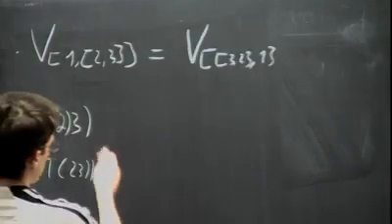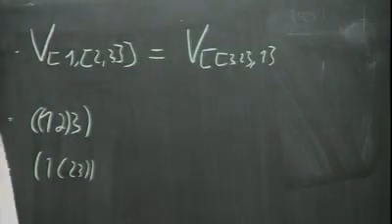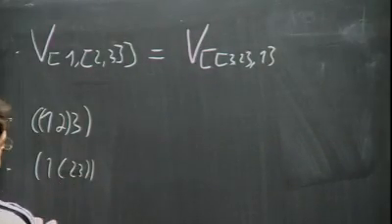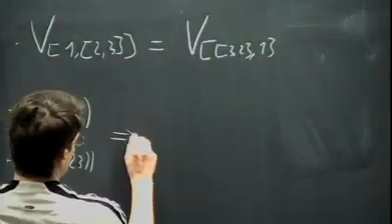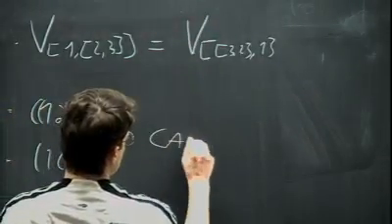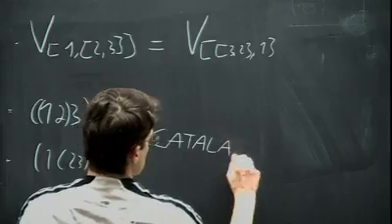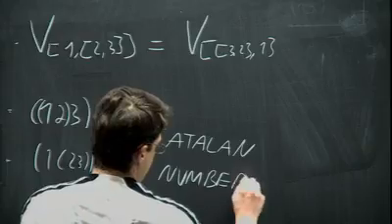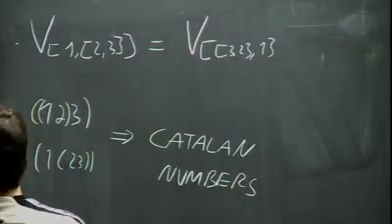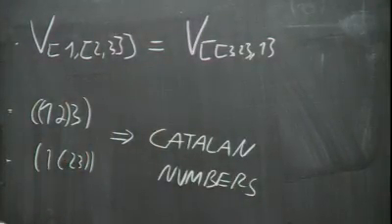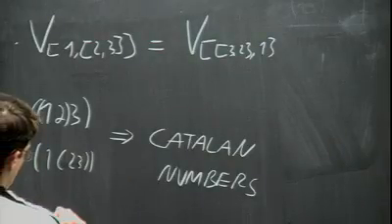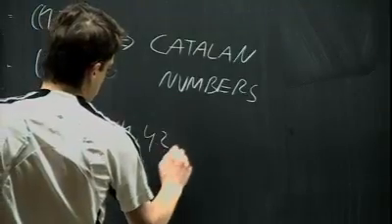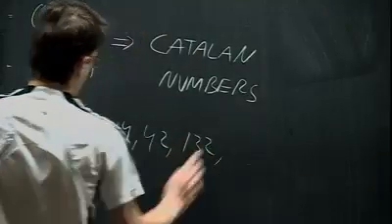So the number of ways to insert brackets around n labels, they counted it, and it's given by the Catalan numbers. So in particular, the Catalan numbers start as 1, 2, 5, 14, 42, and so forth.